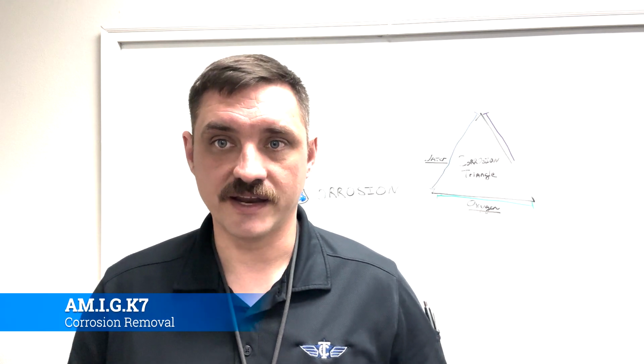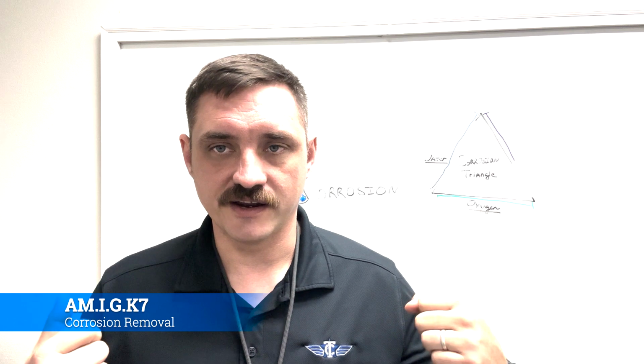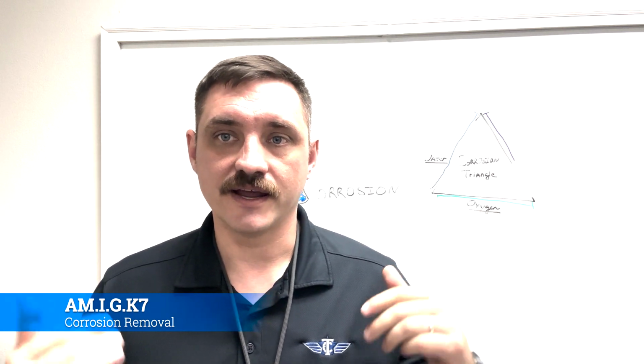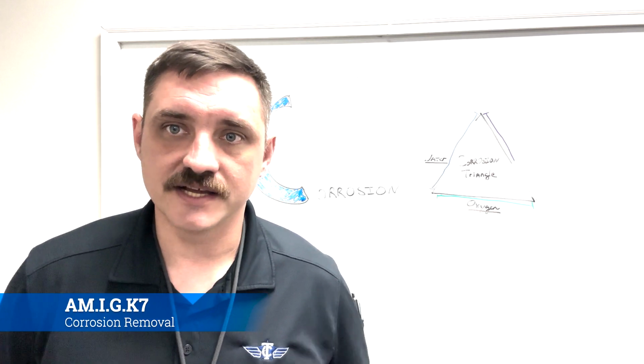There are some opportunities where you can use chemical cures for that, where you'll chemically remove and etch the surface, so that you remove all of that corrosion and get it all out, and then you can come back and prime and paint and restore the state of the aircraft. You'll come in with like zinc chromate, hit that as a primer, and then paint over the top of it if that's the case.